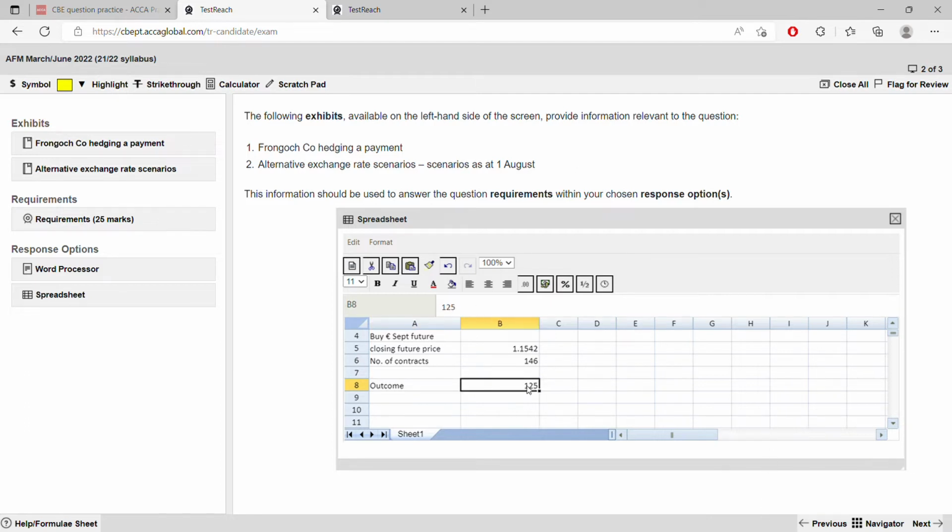Don't forget to put the equal sign. 125,000 multiply by number of contracts, multiply by your closing future price. That's the whole point. That's why we want the number of contracts and closing future price to get the outcome. Enter. So you see, this is in dollar. You can write here that this is in dollar. So this is your payment in future.